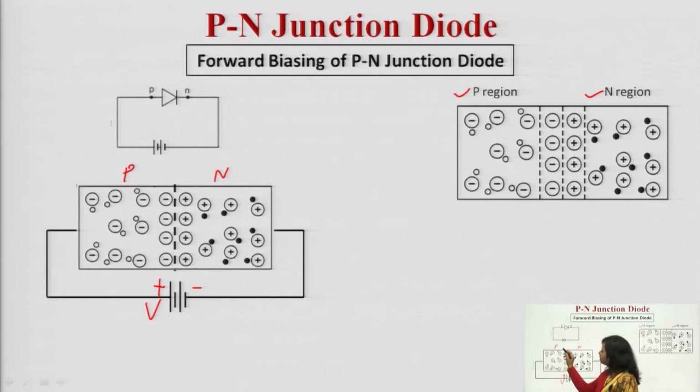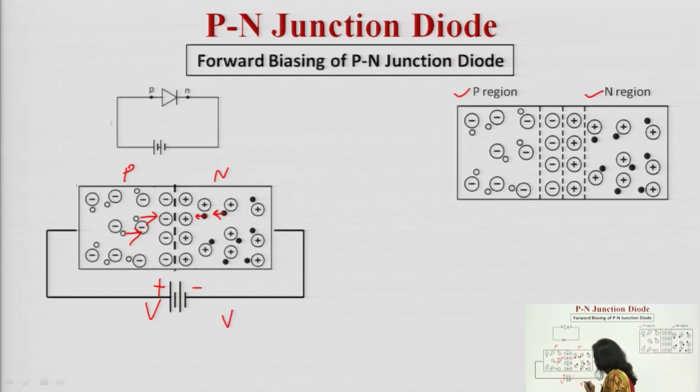Now, what is happening? In a P type semiconductor, the majority charge carriers are holes. In N type, the majority charge carriers are electrons. Because of the positive terminal of the battery, holes, which have positive charge, will be repelled towards the junction. Similarly, in N type semiconductor, the majority charge carriers are electrons, and because of the negative terminal of the battery, electrons will be pushed toward the junction, cross it and recombine.